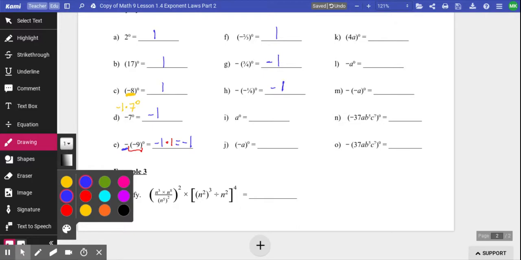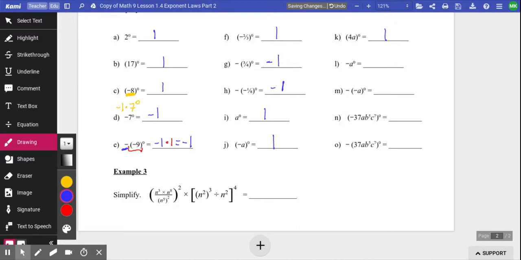If you look at I, we now have a letter to the power of 0. The rule is anything to the power of 0, so even if it's a letter, it's still going to turn into a 1. If you look at J, that's going to be 1 because the negative is inside the brackets. If you look at K, this thing would become 1 overall.